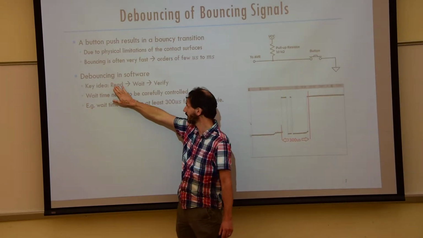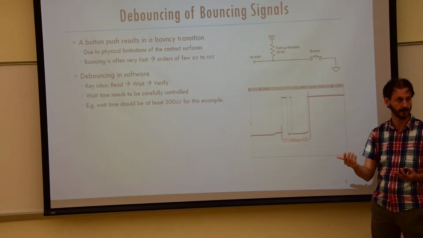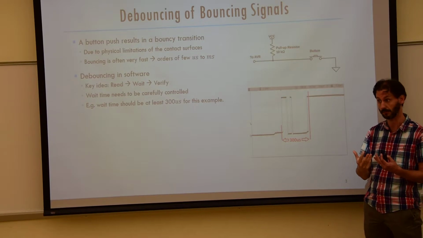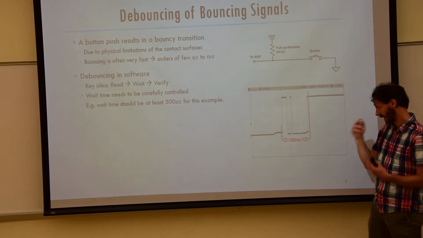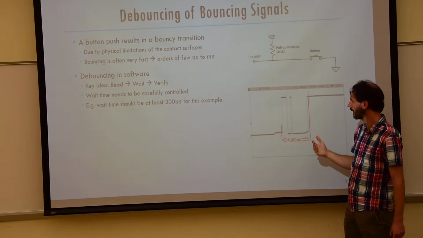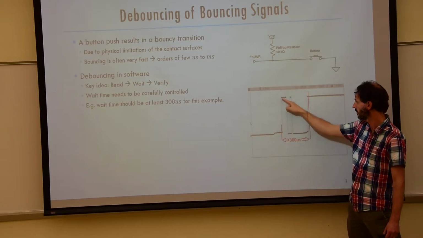So it's really about reading. Either through a polling mechanism you see a rising edge, or through an external interrupt, for which you have set up an interrupt service routine, and that routine catches that you see a rising edge. Well, then you want to wait a little bit, and then you want to confirm your measurement, whether you truly saw a change towards high.